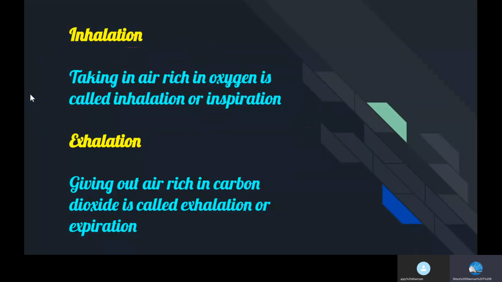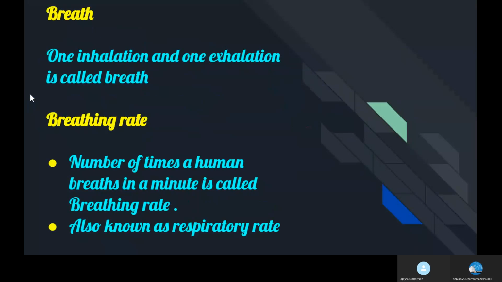Inhalation and exhalation occur continuously and alternate. So one breath is one inhalation plus one exhalation. Breathing rate is the number of times a human breathes in a minute.